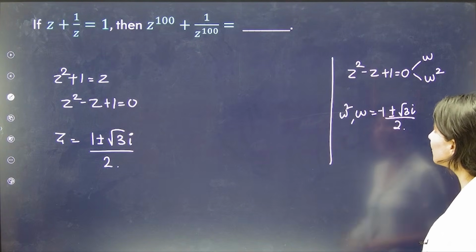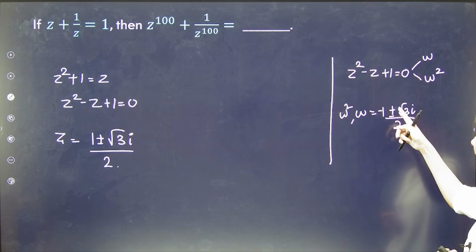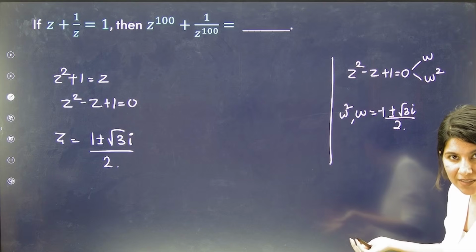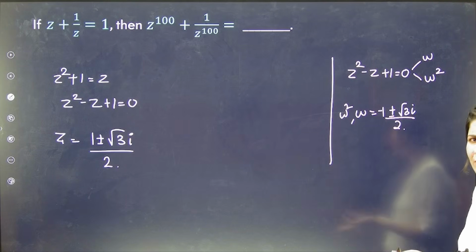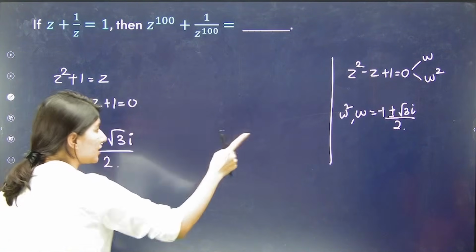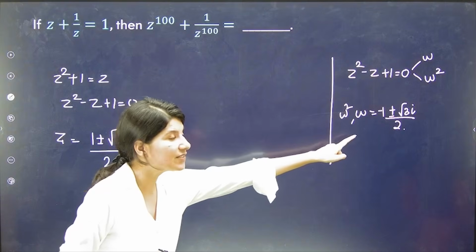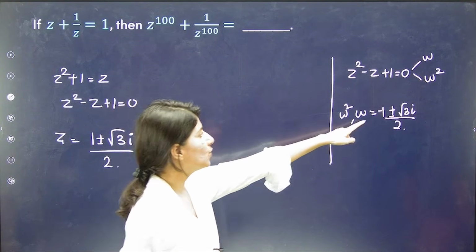Now understand, if you multiply a minus sign in this, it will become plus, and this plus minus will remain plus minus only. You're going to get the same thing. So can you compare the difference between these two? The only difference is that if you multiply a negative sign in these roots, you will get this.